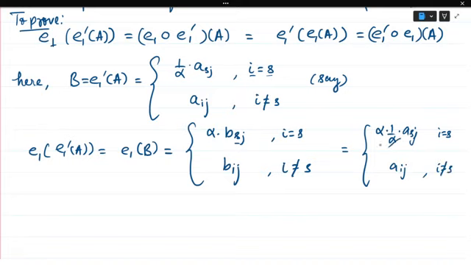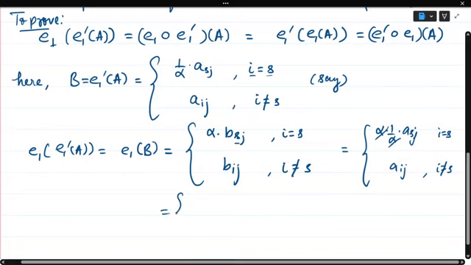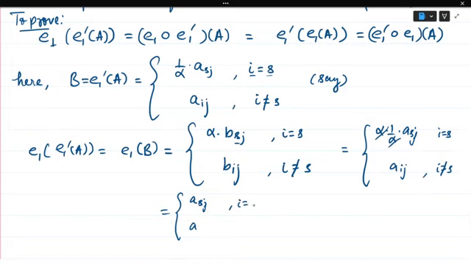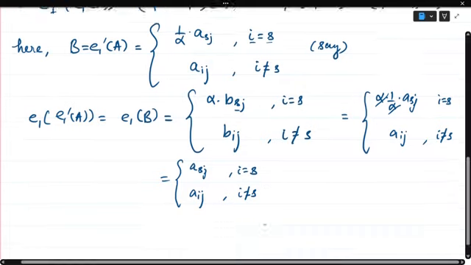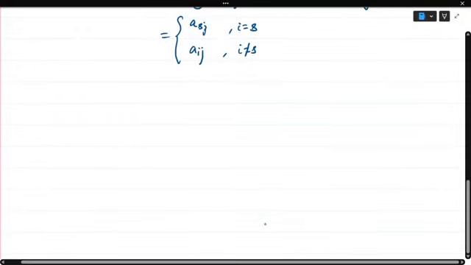So therefore, we obtain that Asj when i is equal to s, and Aij when i is not equal to s, if the elementary row operation done by E1 over E1 prime of A is like that.